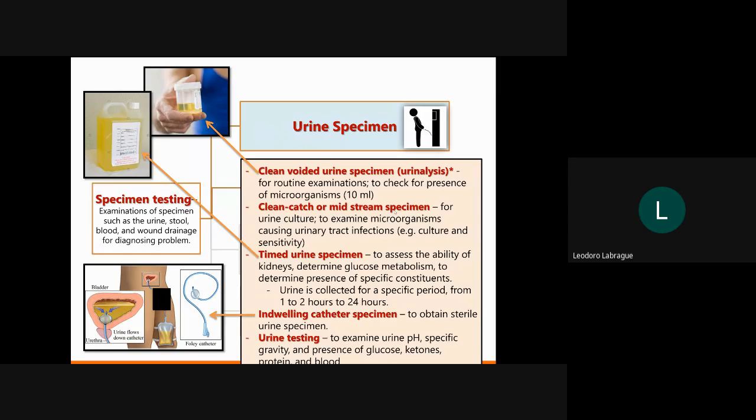That's why it is called clean catch or midstream urine. Since the very purpose of this urine exam is to check for the presence of microorganisms, it is very important for you, nurse, when you give instruction to your patient, to tell your patient not to contaminate the urine. Why not contaminate the urine? Remember, you are checking for microorganisms.